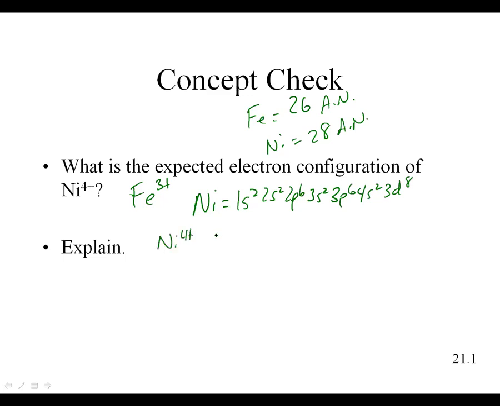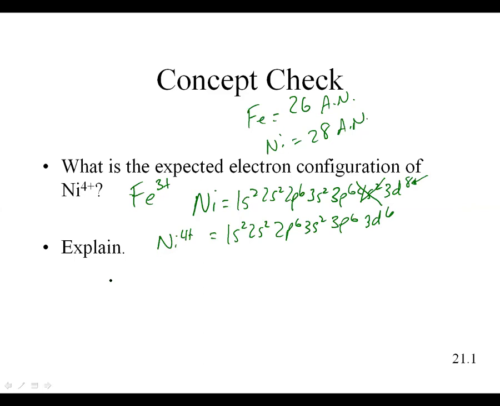Here we're going to take out 2 electrons first, and the first ones come out of the s. That means we still need to lose 2 more electrons. So we end up with 1s2, 2s2, 2p6, 3s2, 3p6, and 3d6 as this configuration.